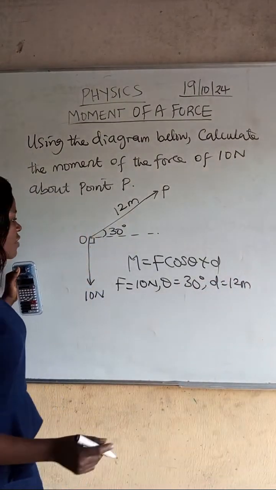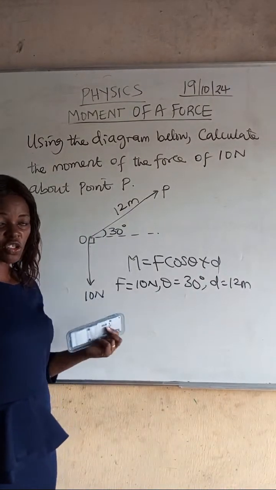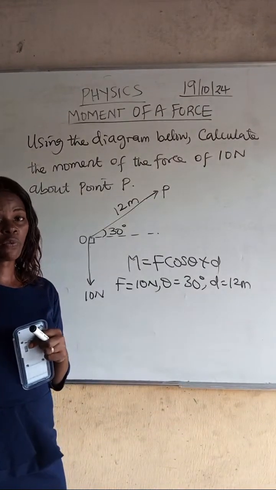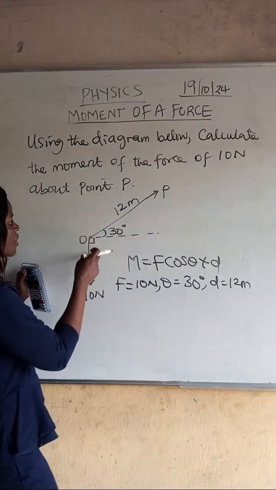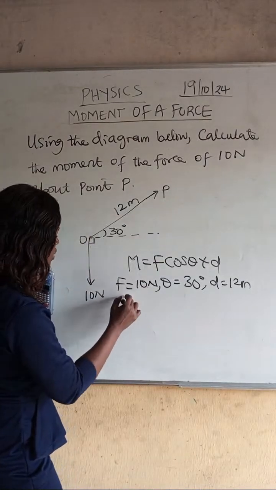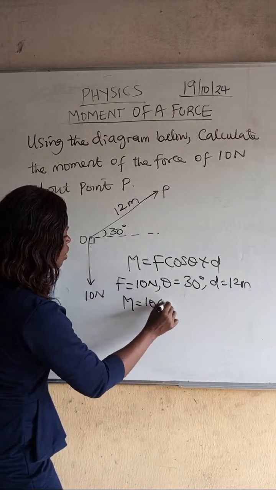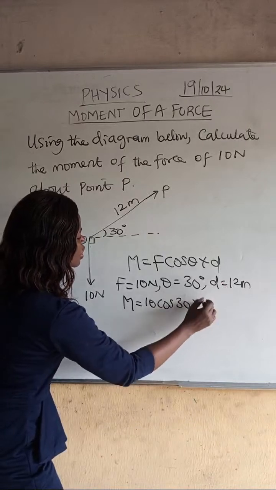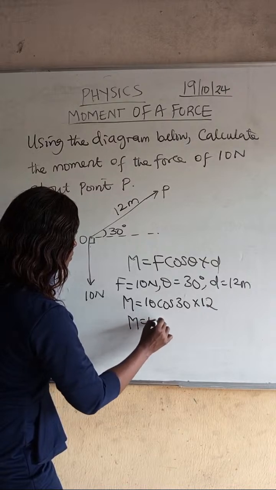If you have this, it's just for us to put it into what we have and solve our problem. Since moment is the product of the force and the perpendicular distance, and this is the perpendicular distance, M is equal to 10 cos 30 times 12.